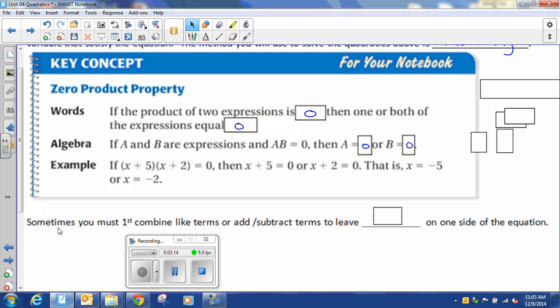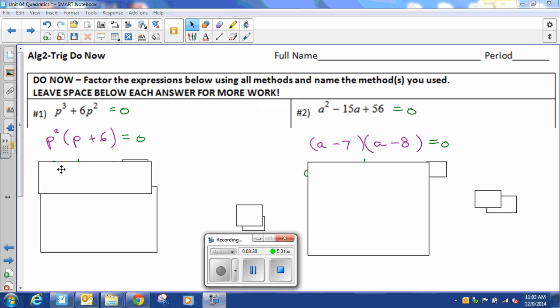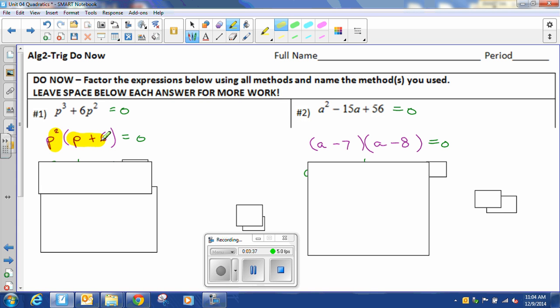Now, sometimes your quadratic equation is not going to be completely solved with 0 on one side. So you have to combine like terms, subtract, or add terms to get that 0 on one side of the equation. So now that we have p squared times p plus 6 equals 0, we know that this is one term and this is another term that multiplied each other to get 0.